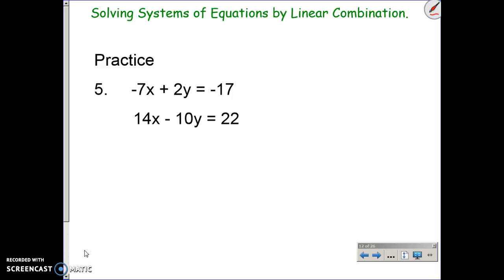Now remember, elimination means to get rid of, to cancel, to, I don't have another word, destroy. Yes, we're going to destroy or get rid of one of the variables. Now on all the ones from yesterday, it was already pretty close or already nicely set up for us. Remember, our thing we said was you're looking for opposite coefficients.